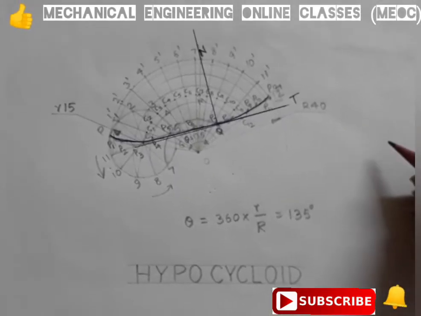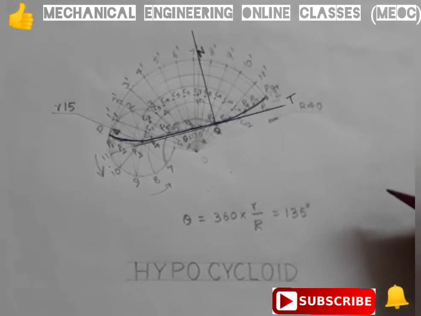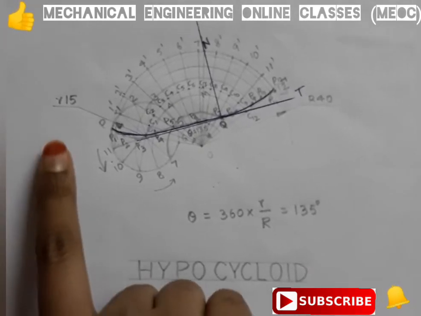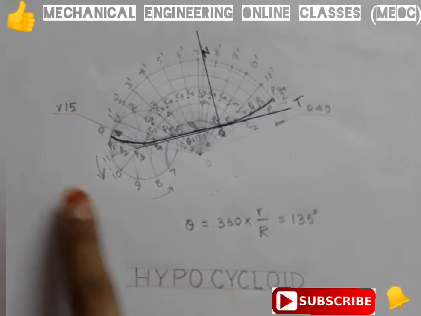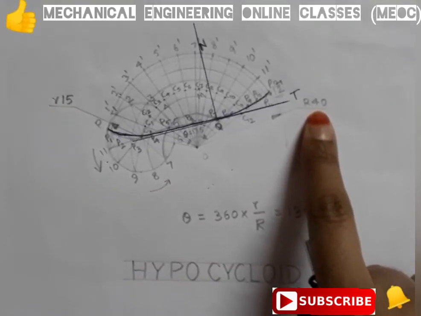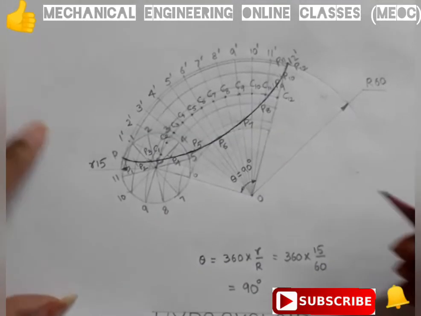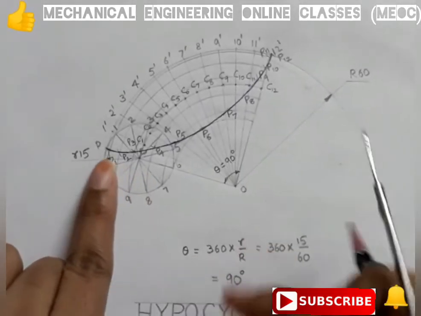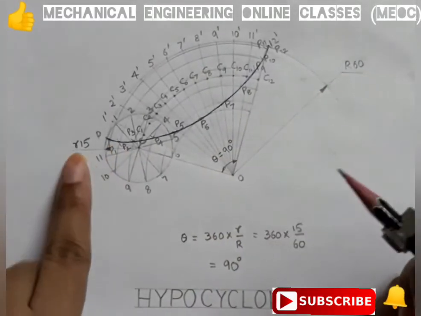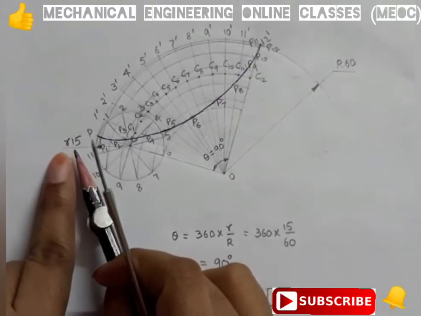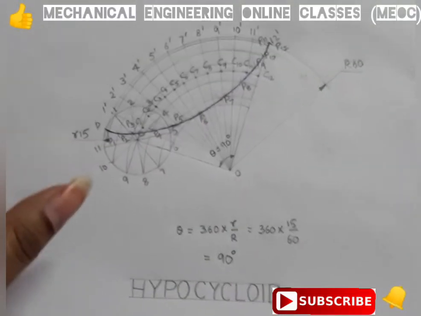Now I have drawn another hypocycloid where the generating circle radius is 15 and the directing circle radius is 40. In the example just now which we have solved, I have taken the dimensions as 15 and 60.